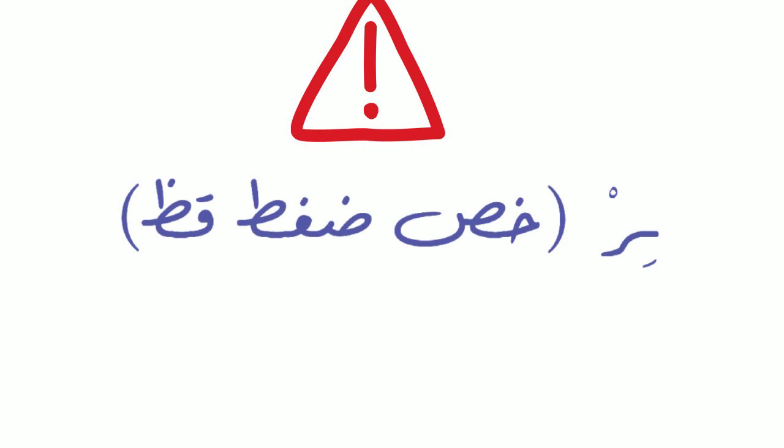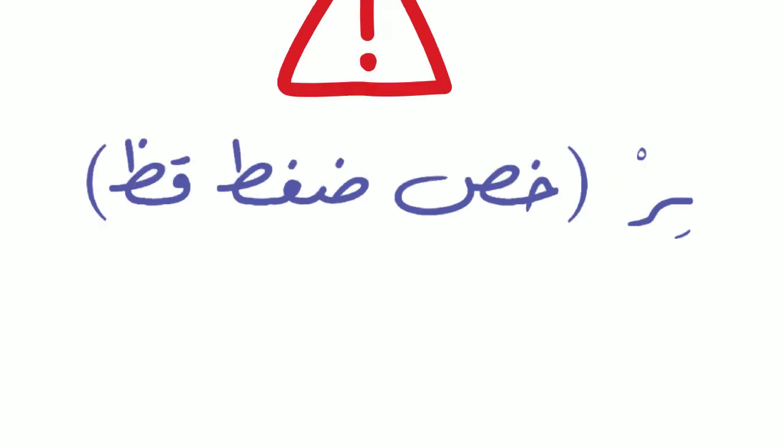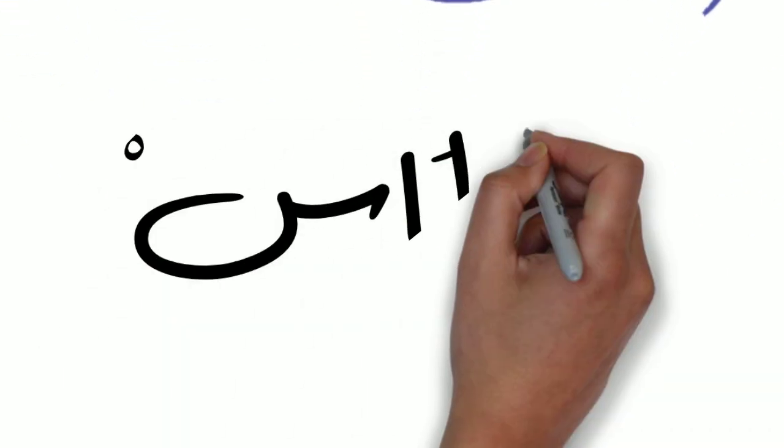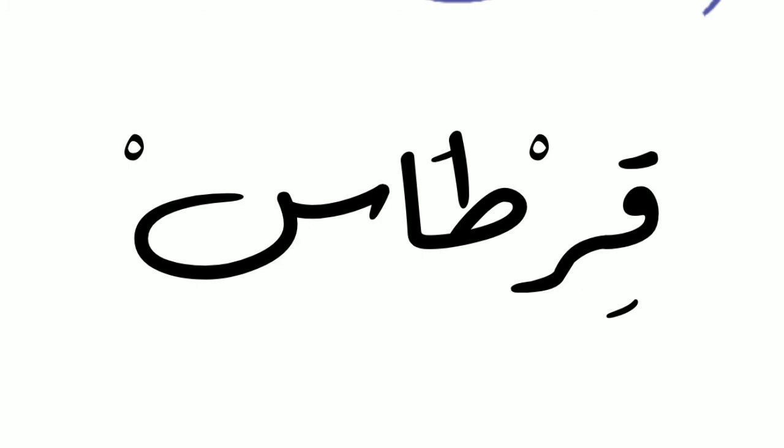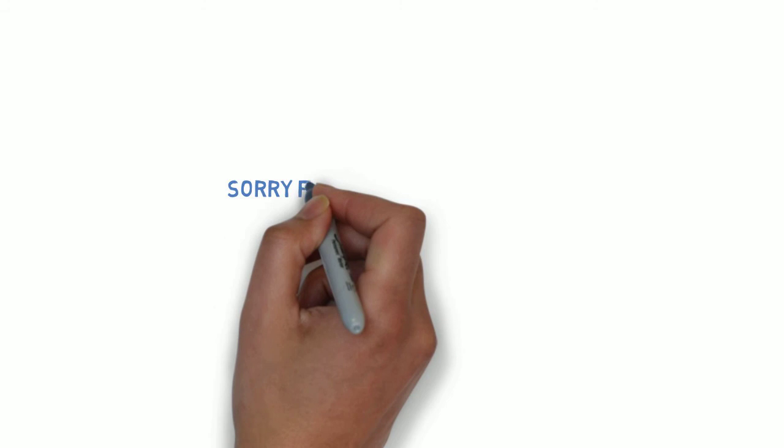So, although the Ra has a sukoon and the letter before it has a kasra, if the letter after it is one of khussa daght and qidh, the tafkheem letters, it carries a tafkheem. Such as in the word qirtas, as you can see you have a ta, which is a tafkheem letter after the Ra, so you should pronounce the Ra with tafkheem rather than tarqeeq.